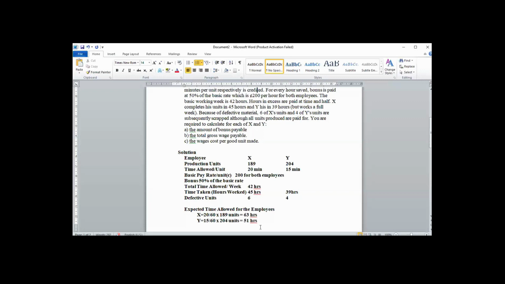Since they have 42 hours per week and X has 63 hours to produce 189 units, under normal conditions it is supposed to take more than 1 week to make the production.